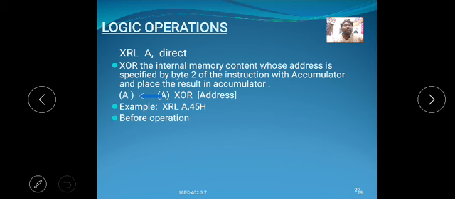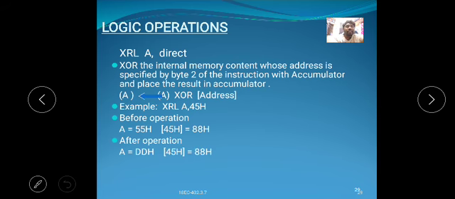XRL A, direct: XOR the content of byte 2 of the instruction with the accumulator and place the result in the accumulator, A XOR address. Example: XRL A, 45H.